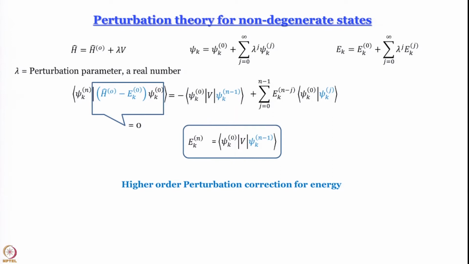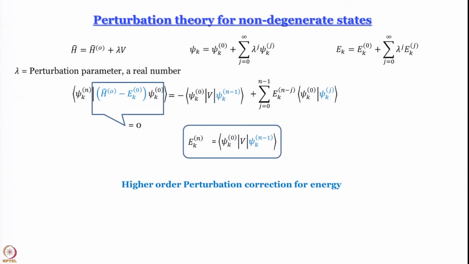So, the problem with this expression is that you have to go in steps. It is great that you have one unperturbed wave function in the integral, but the other one is the n minus 1th wave function. So, in order to find a particular correction term, you must have first worked out the n minus 1th correction term to the wave function in order to find the nth correction to the energy.